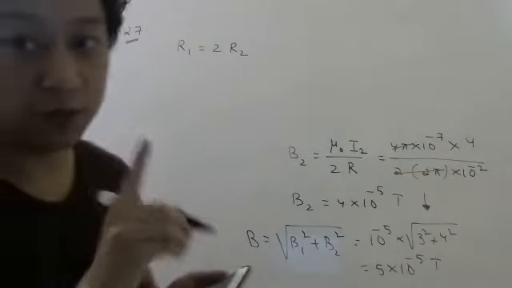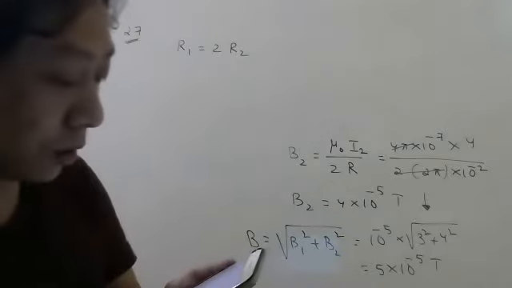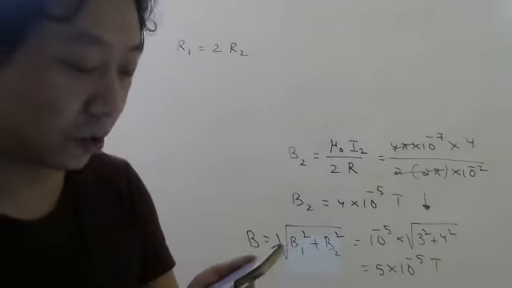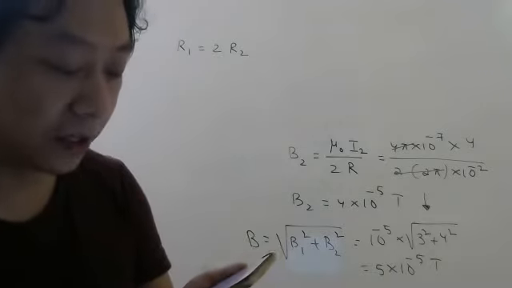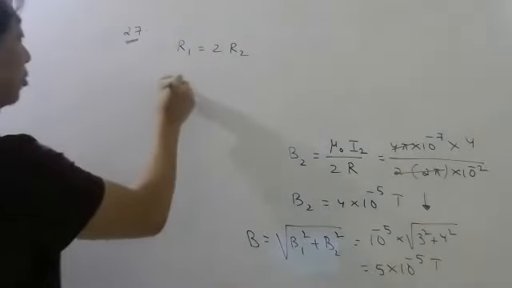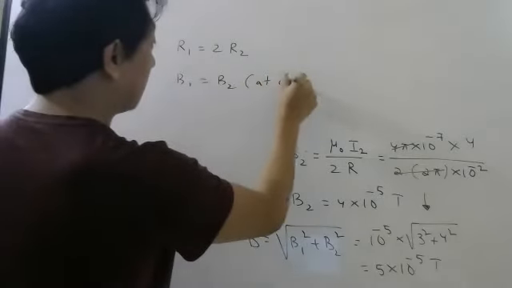Okay, we have to read properly. What is the ratio of potential difference applied across them so that the magnetic field at the centers is the same? Magnetic field at the center should be the same.